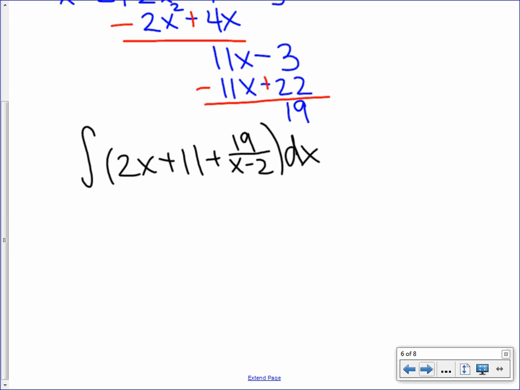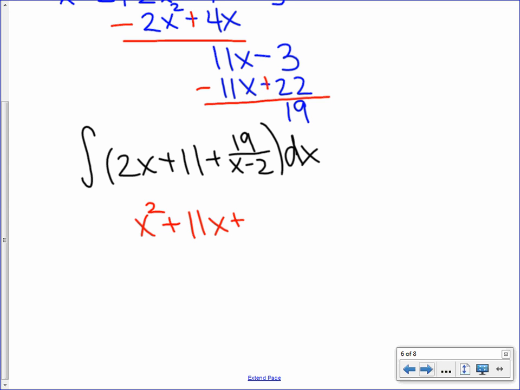Oh my god. That's a big number. Wait, so you can't do it. But you can. Since we're adding, we can take the integral of each term. Okay? We have actually made this a very simple problem now. Because what is the antiderivative of 2x? x squared, plus what is the antiderivative of 11?